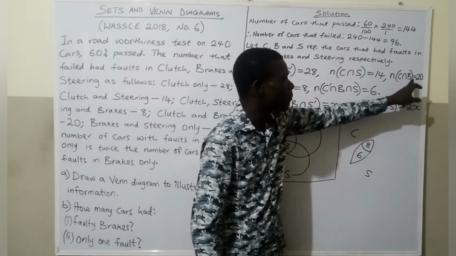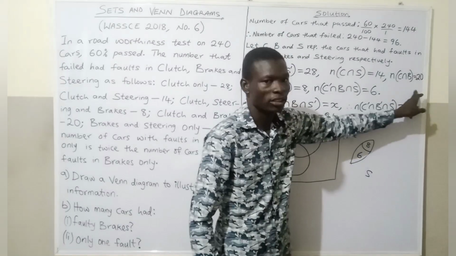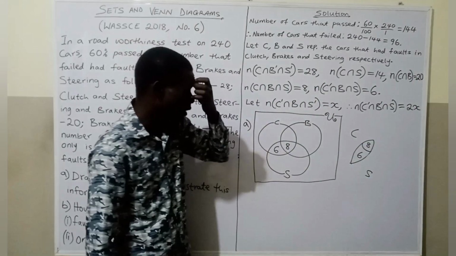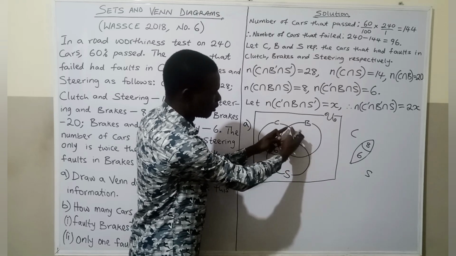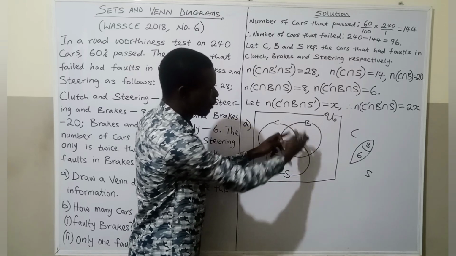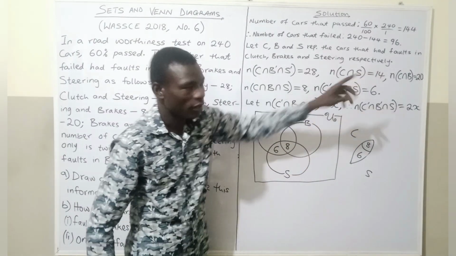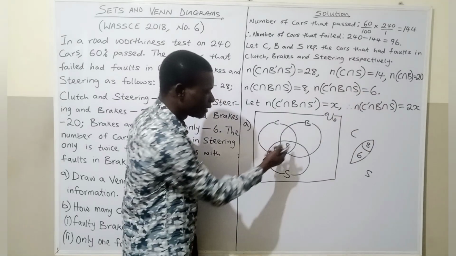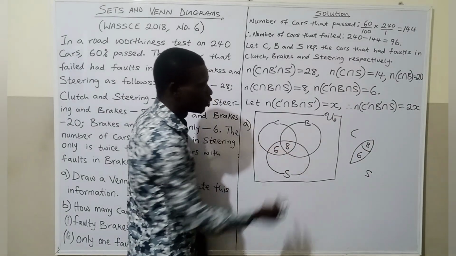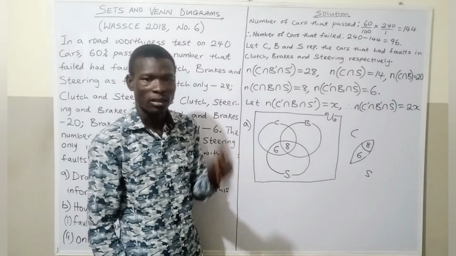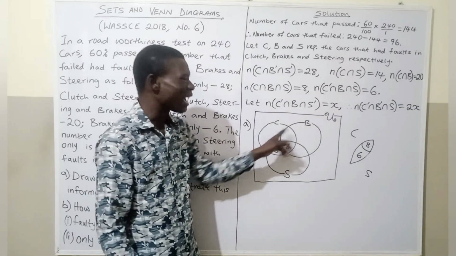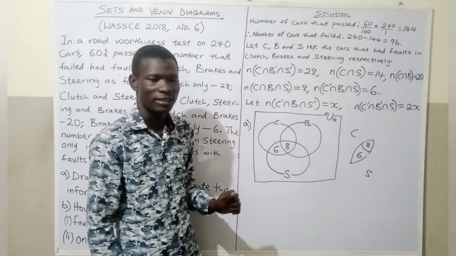The next one in twos is clutch and brakes. Number of cars that had fault in clutch and brakes. This is the portion for clutch and brakes. In totality, they are supposed to be 20. But out of this 20, this 8 has been cut off. So it will be left with 12. That 12 is the number of cars that had fault in clutch and brakes only.